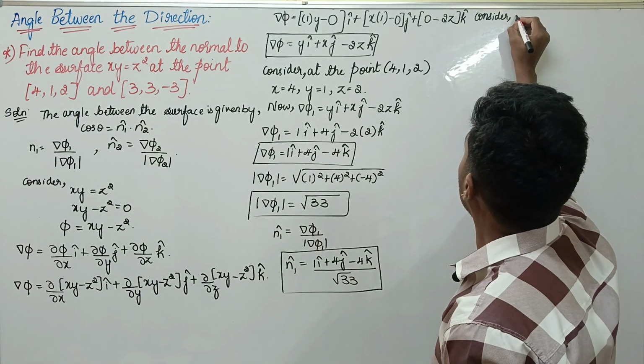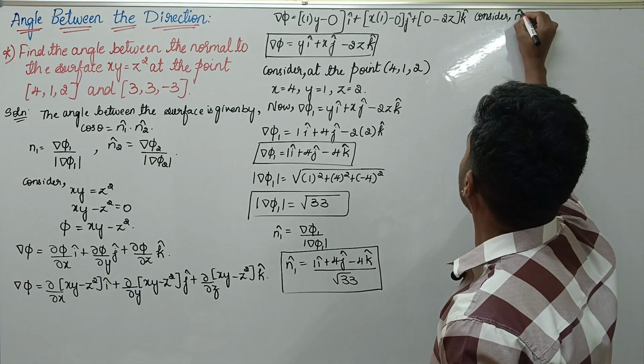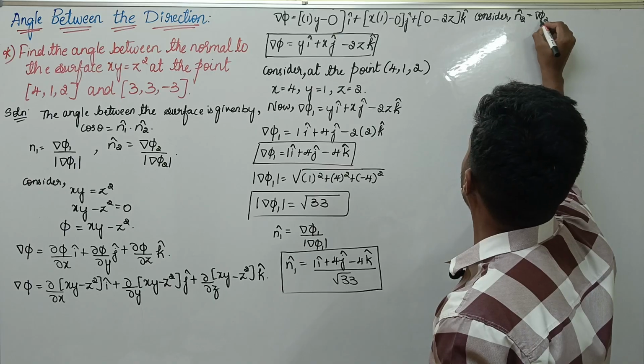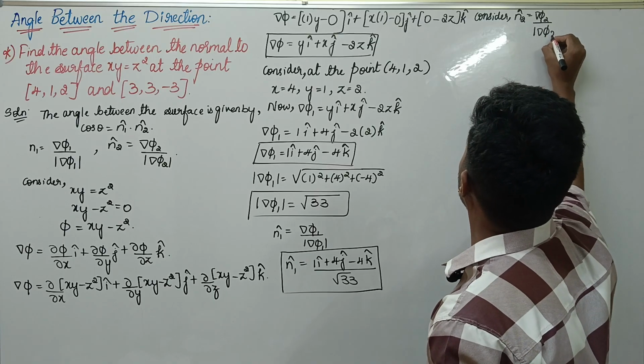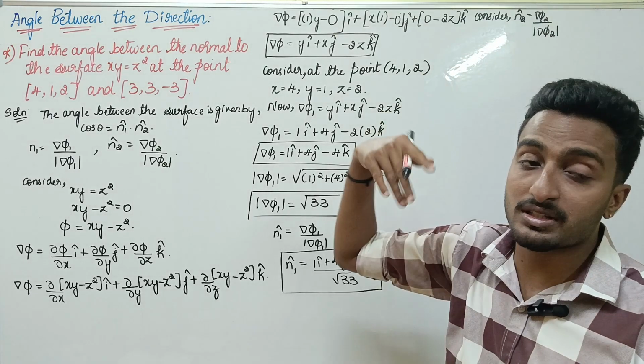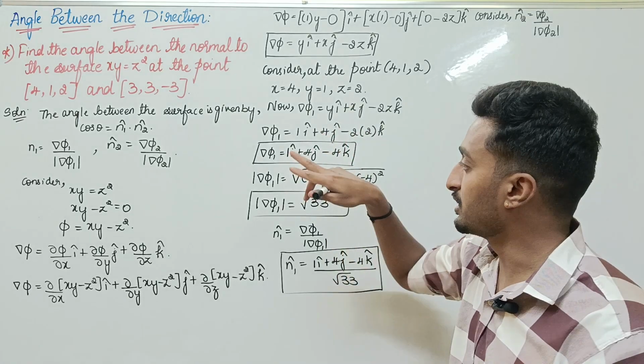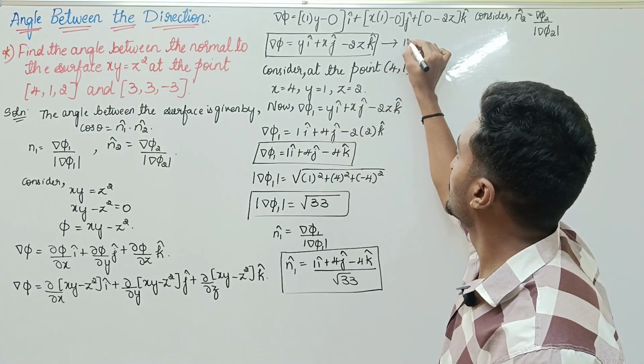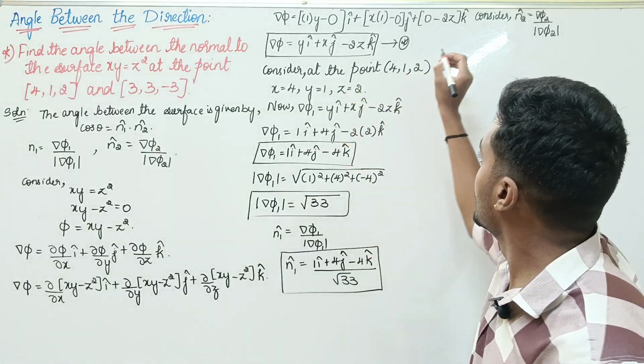Consider n2 cap, which is equal to gradient phi2 divided by modulus of gradient phi2. Here we consider the second scalar function at the given point.